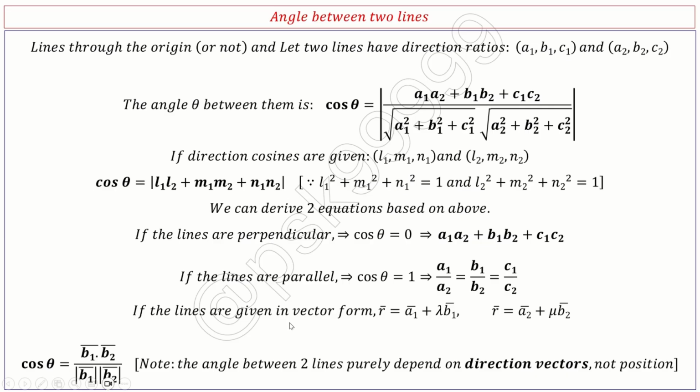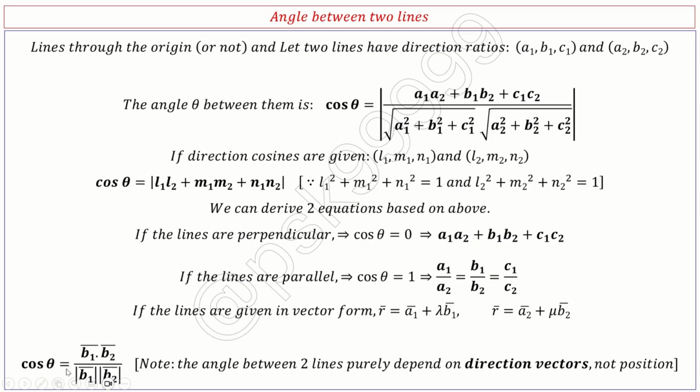Now, if the lines are given in vector form, like r bar equal to a1 bar plus lambda b1 bar, and the other line is r bar equal to a2 bar plus mu b2 bar, then cos theta is nothing but b1 dot product with b2 divided by absolute b1 and absolute b2.